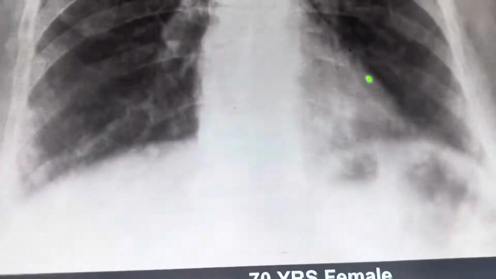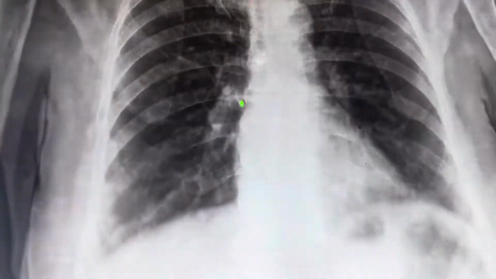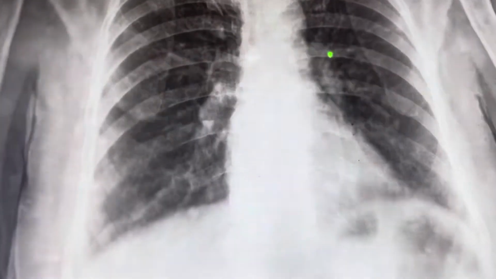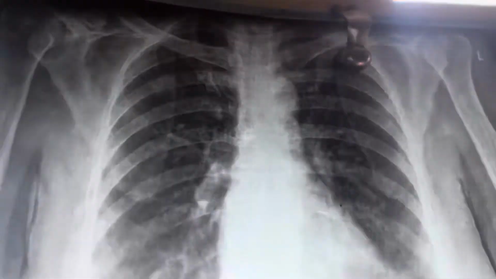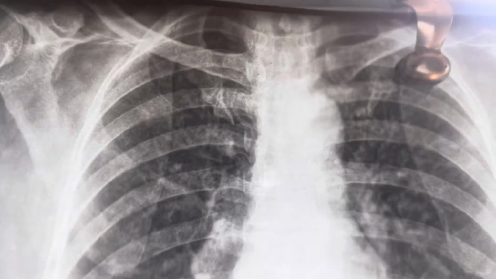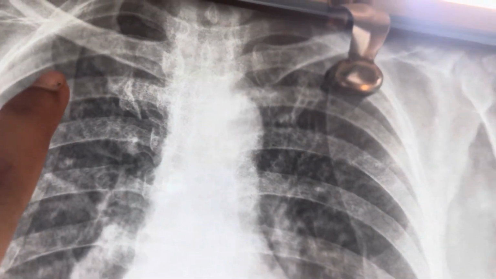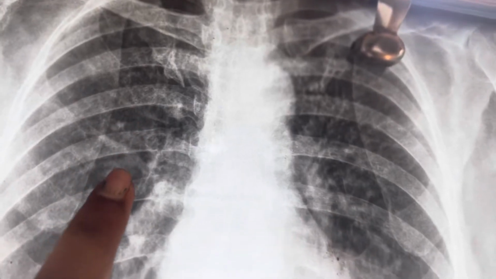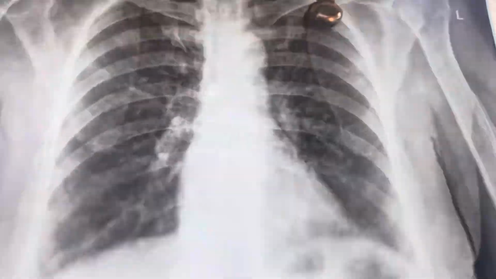More down we can see the cardiac notch. So this lung is the left lung and this is the right lung. This is the posterior anterior view. In the posterior anterior view we can note the shadow of the ribs. We can see the lungs. These are the ribs, and this black area is the shadow of the lung. This is the right lung, this is the left lung.